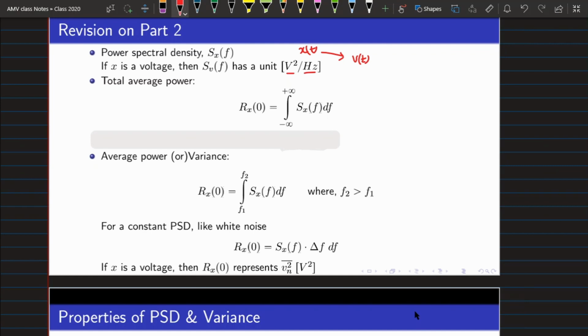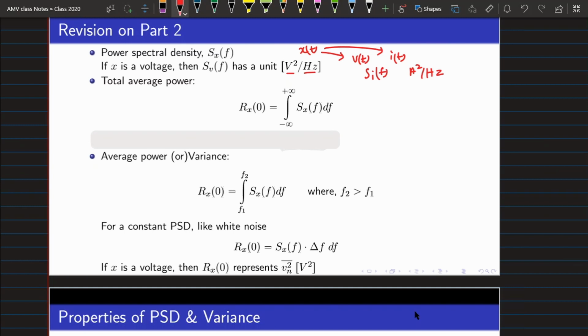In case x of t is representing a current source, then the power spectral density would be represented as S suffix I of f, and this will have a unit of ampere square per hertz. So basically the power spectral density is a quantity that belongs to the frequency domain.